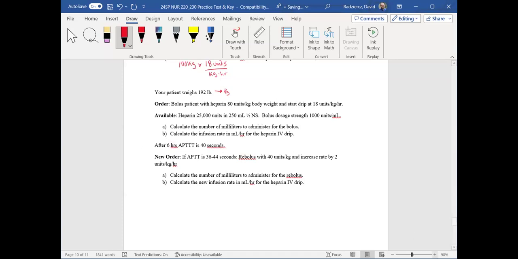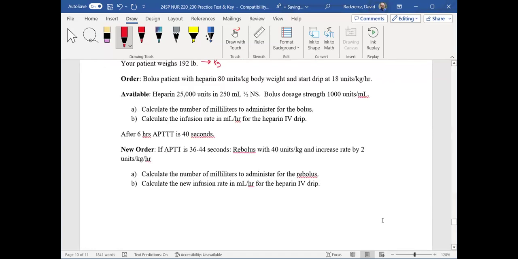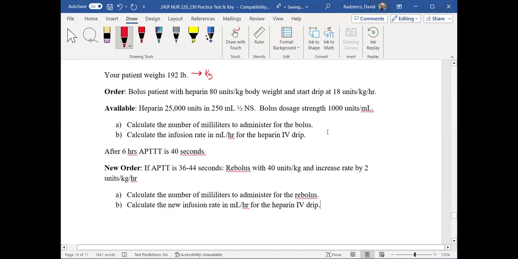So again, I'm going to zoom in on this so you can see it. Remember, this answer was 7 milliliters. This answer was 15.7 milliliters. So now what I'm asking you to do is to follow the new protocol where it tells us to rebolus.